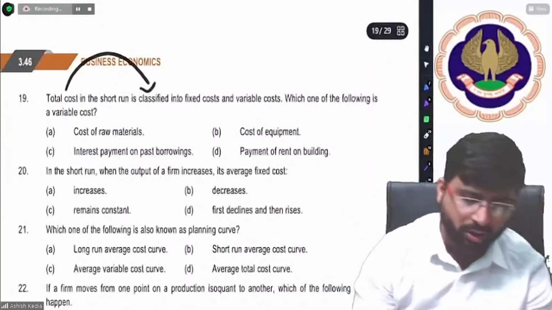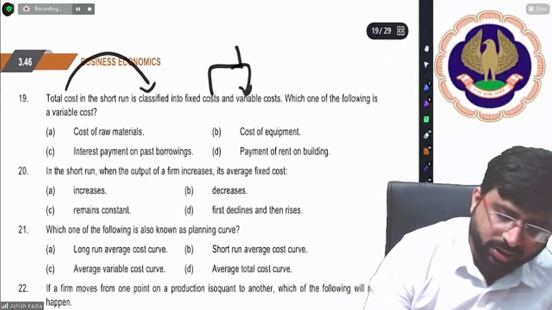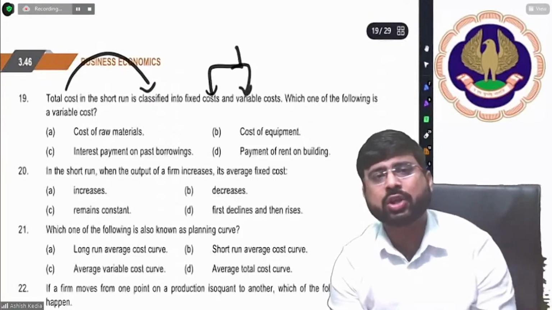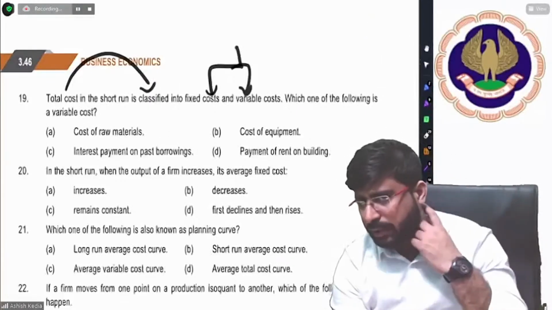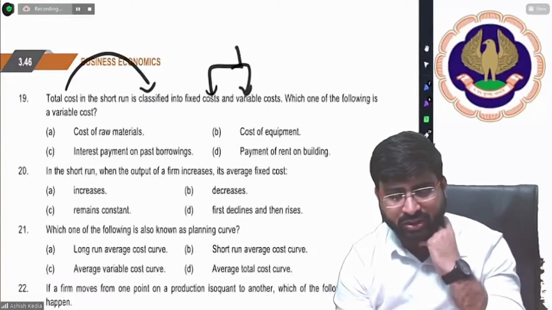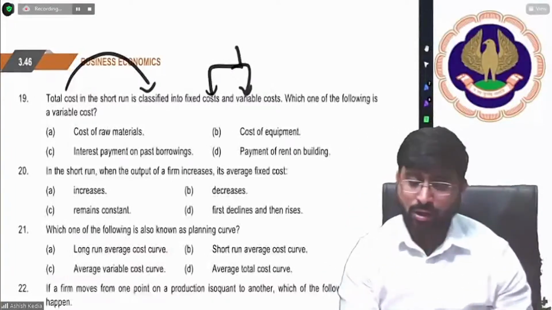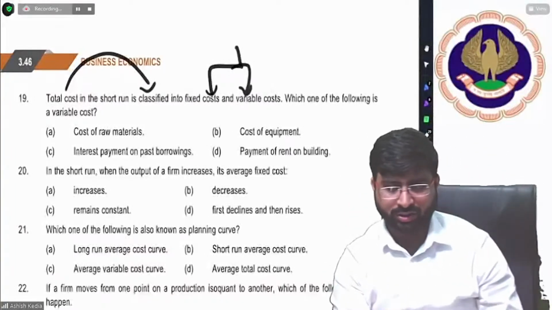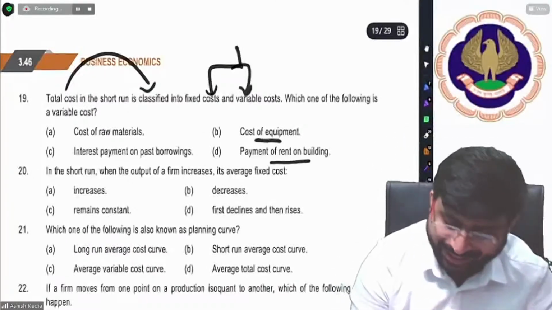Total cost in the short run is classified into fixed cost and variable cost, right? Absolutely. Which one of the following is a variable cost? Is it equipment? Is it rent on building?